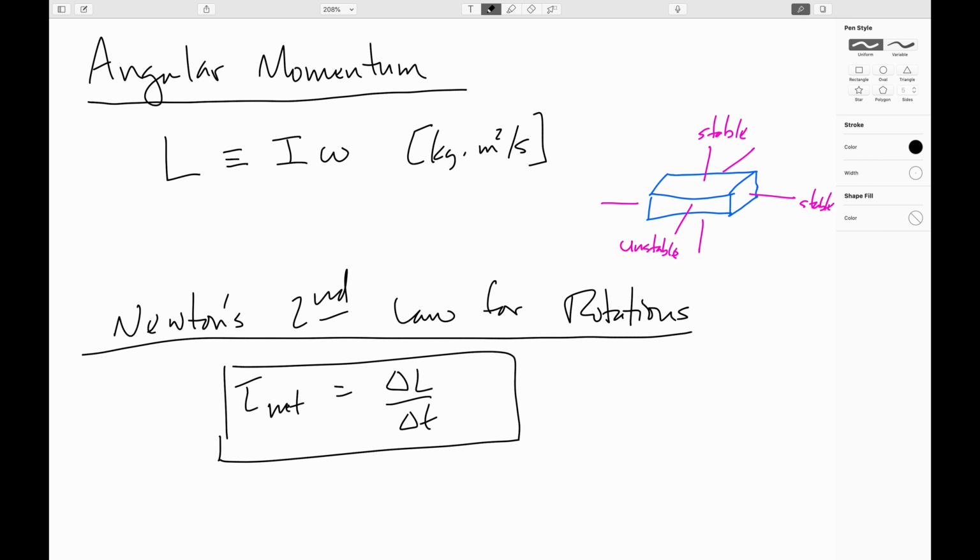And we'll work through a numerical example of this and do some demonstrations.